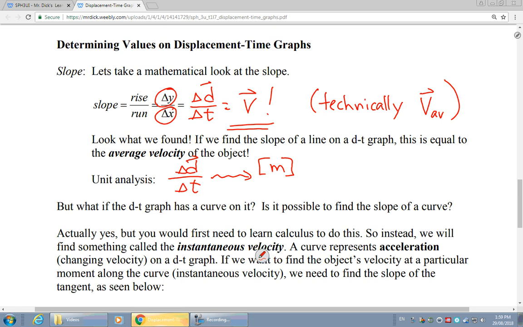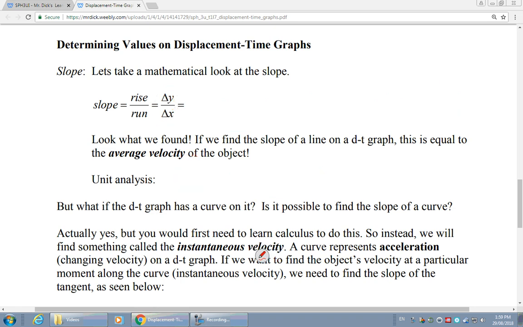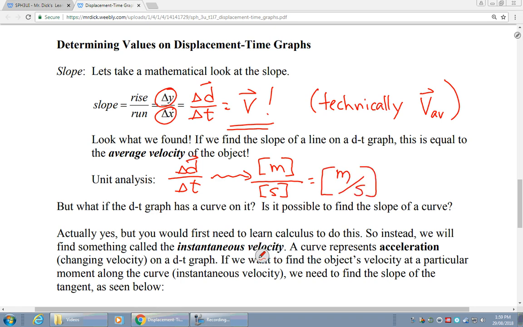And time could be measured in lots of different things, but we're going to most often use seconds. So we've got a unit of meters divided by a unit of seconds, and those units divide just the same way that numbers would. So we get an overall final unit of meters divided by seconds, or in other words, meters per second.